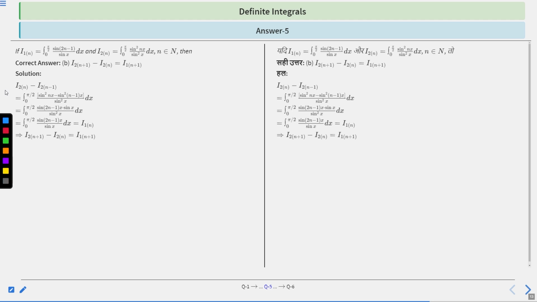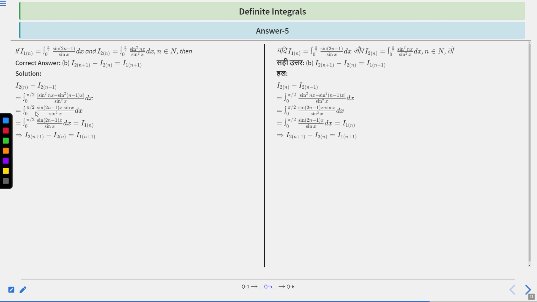Clear? So sine square a minus sine square b is basically sine (a plus b) into sine (a minus b). Therefore, sine square nx minus sine square (n minus 1)x can be written as sine of (2n minus 1)x into sine x, and in the denominator it is sine square x, into dx.